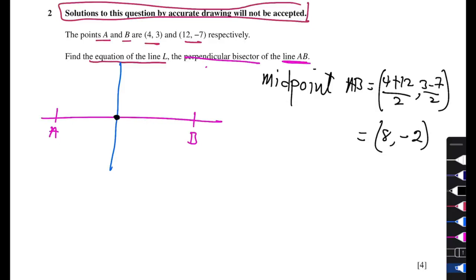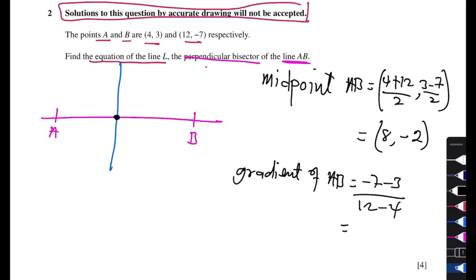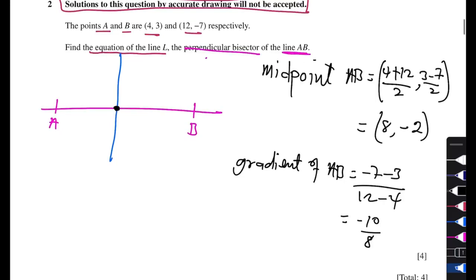Okay. Then the next thing that we want to do is to find the gradient of line AB. Gradient of AB will give us negative 7 minus 3 over 12 minus 4. That would be negative 10 over 8, right? Okay, sure. And then when we simplify, we are going to have negative 5 over 4.